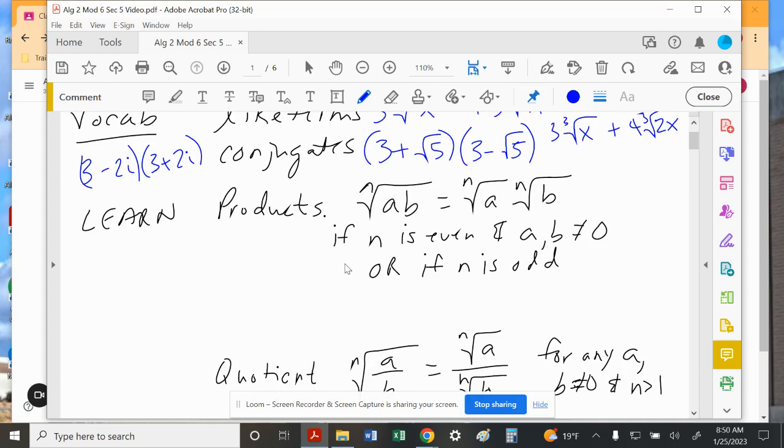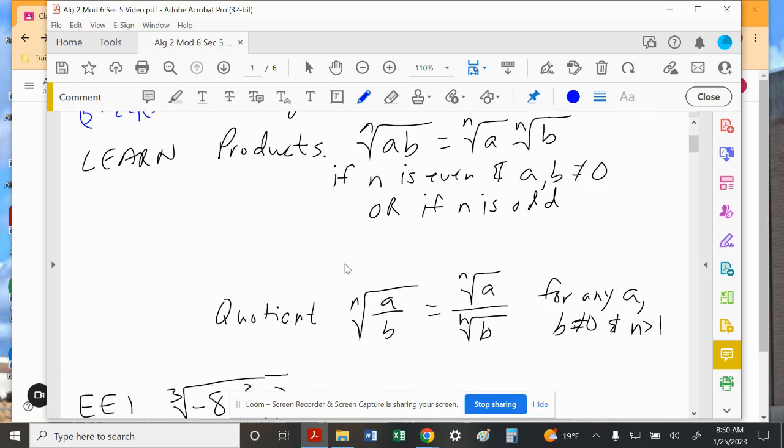So some products. This is something that you have to kind of think about. It's not something that I'm really going to force onto you when you're doing problems or checking this or making sure that certain things are okay. If you remember, we had an absolute value rule in a section previously, and you do need to know that.